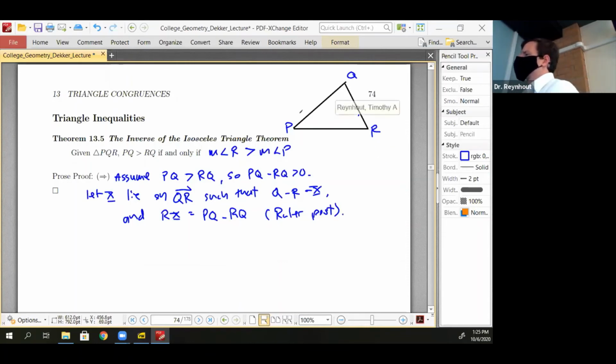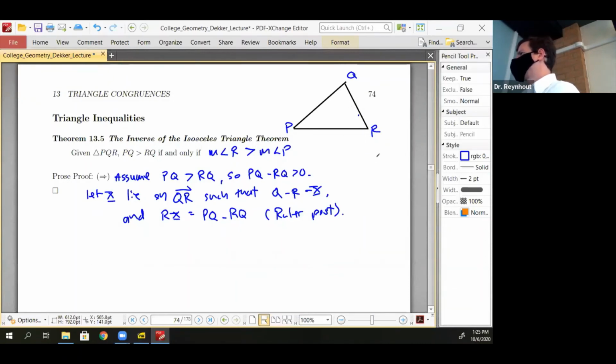So what I'm doing here is making an isosceles triangle, so that from P to Q and from Q to X are going to be the same. This thing that I'm adding on is the difference between PQ and QR.